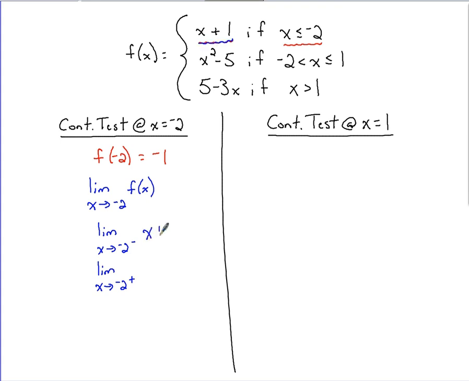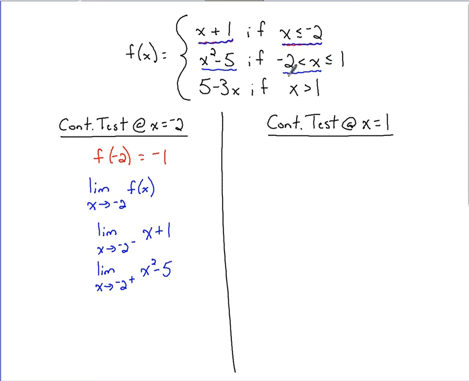The reason is because that piece is defined where x is less than or equal to -2. If it's less than -2, it's to the left of -2. For our right-hand limit, the piece we're going to play with is x squared minus 5.